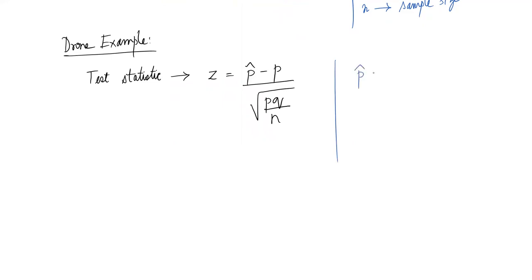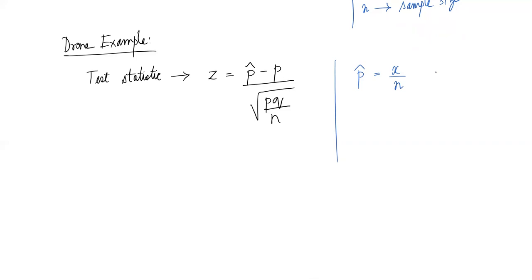So p hat in our drone problem is coming from the sample, the 1009 folks who were surveyed, right? So p hat is always your x over n. X represents the number of successes. In this problem, the success is all those who said no, because that is our focus. Whatever is your focus is your success.